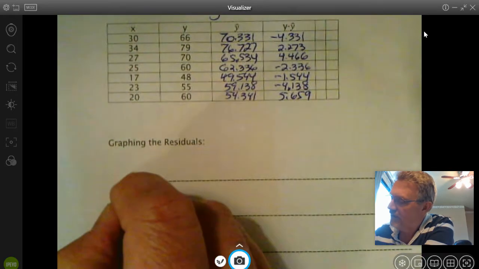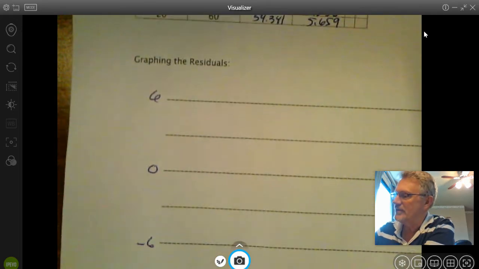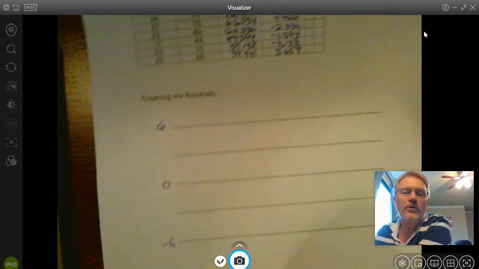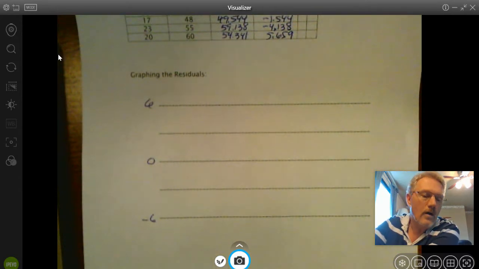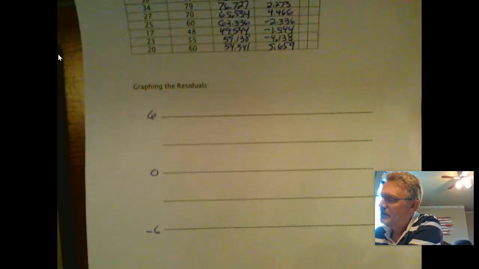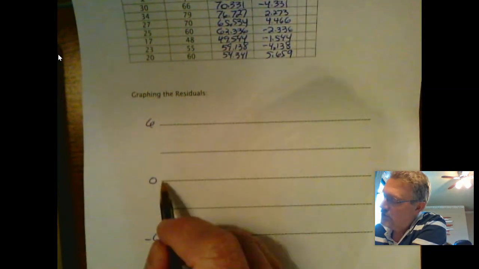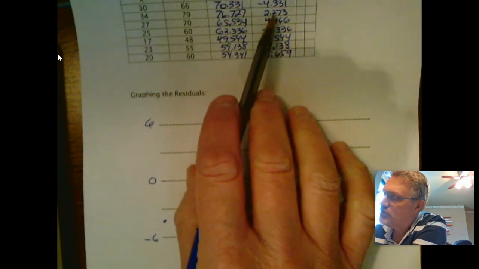So if I go up to 6 and down to negative 6, that will take into account all of those numbers. The first number is negative 4.331, so there's my 0, it's going to be somewhere down here. My second number is 2.273, so I just move over a little bit.